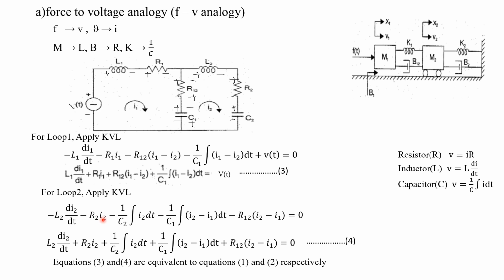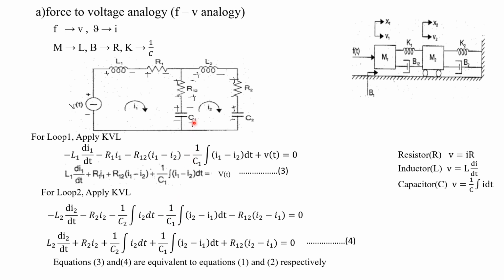Okay, the next element is from plus to minus, that is minus. What about the voltage drop across the capacitor? 1 by C into integral I dt. So 1 by C2 into the integral. Here the current is only I2, into dt. Then if you are going like this, it is plus to minus, that is minus.